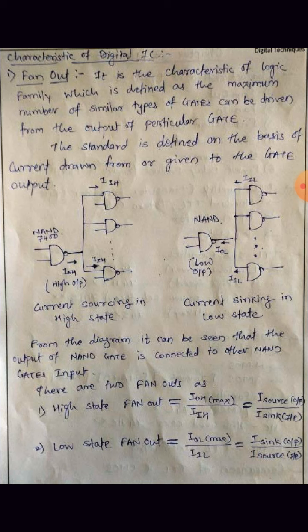For example, a NAND gate. For that NAND gate, if we say that fan out is 5, we can connect the output of that NAND gate to 5 inputs of other NAND gates.